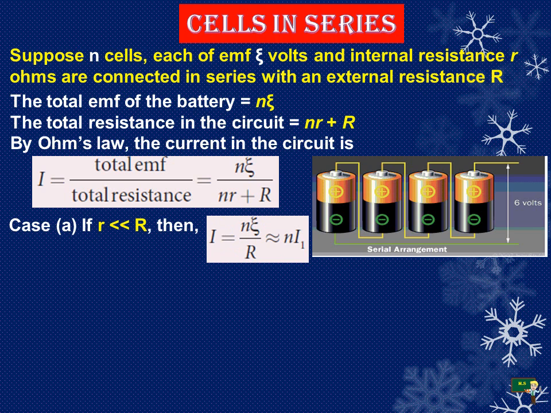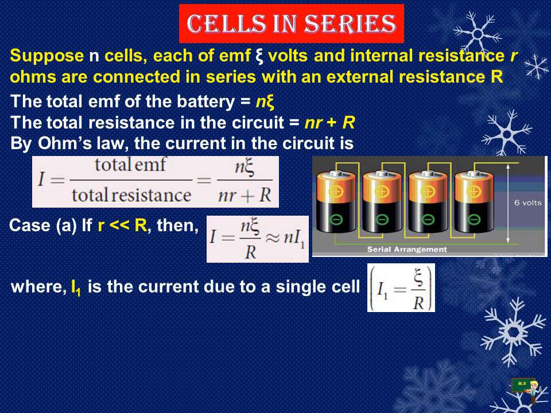First case: if small r, that means the internal resistance, is very much less than capital R, then we get I is equal to n psi divided by R, or n into I1, where I1 is the current due to a single cell.